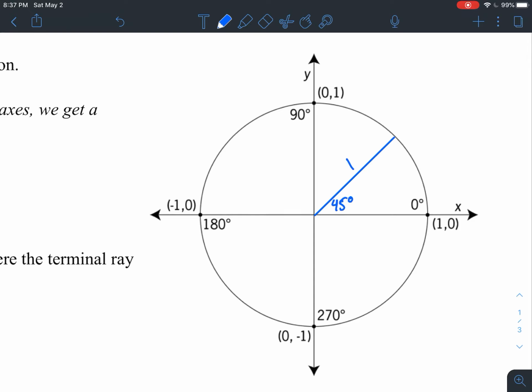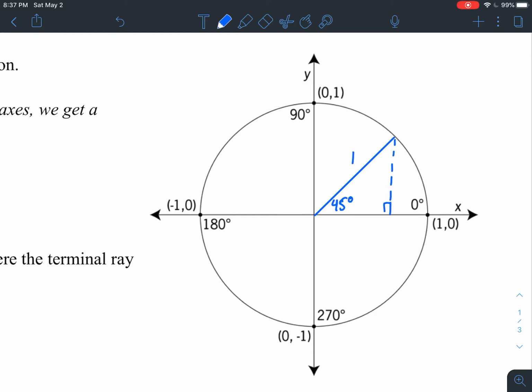Now, to find the other parts of this, I'm going to drop a perpendicular to make a little right triangle in my graph. So that's something a little bit more manageable for what we're used to seeing. I'm going to make that straight up and down instead of angled like that, because what I've done here is made a little 45, 45, 90 triangle.